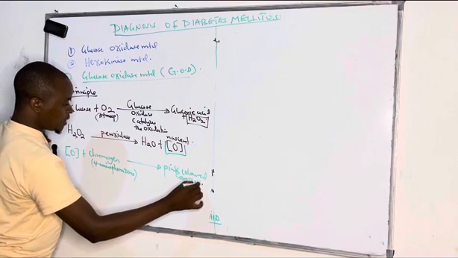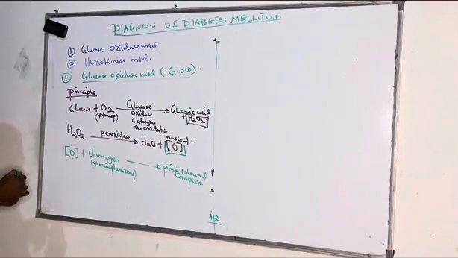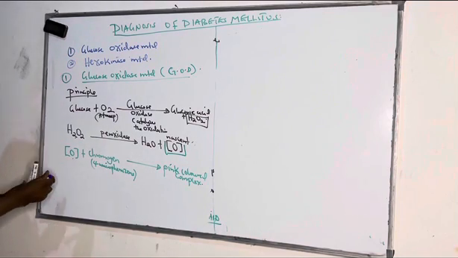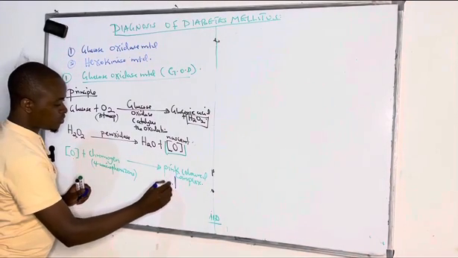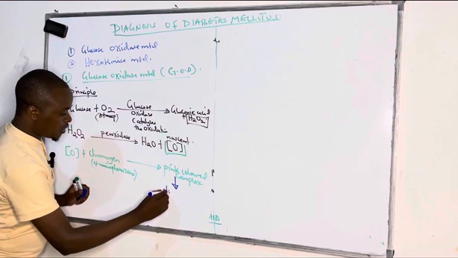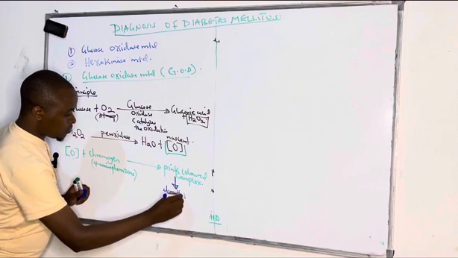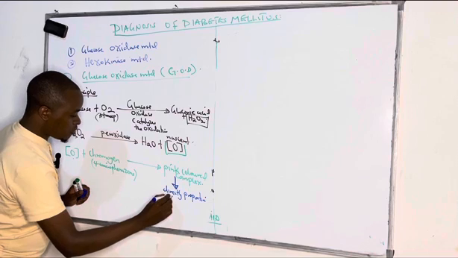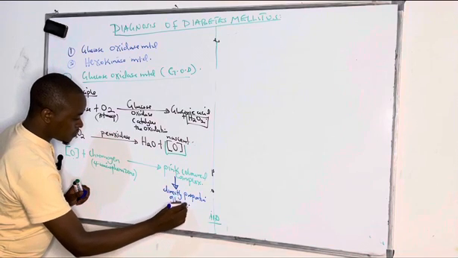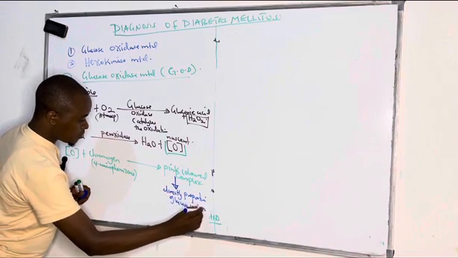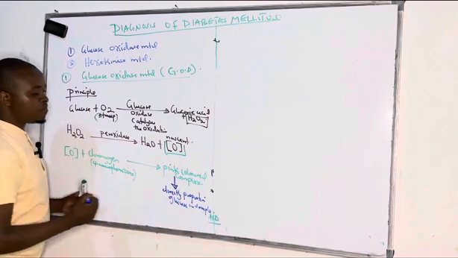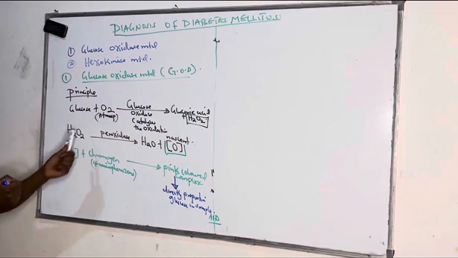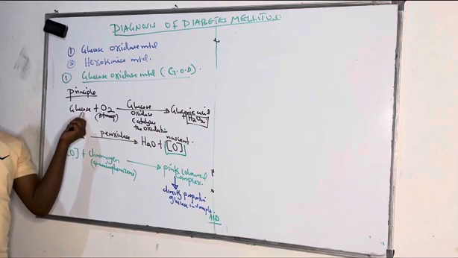And this pink colored complex, which is formed after addition of the chromogen to nascent oxygen, is always directly proportional to the amount of glucose in the sample. So the more the pink color formed, it means the more glucose was in the blood sample.